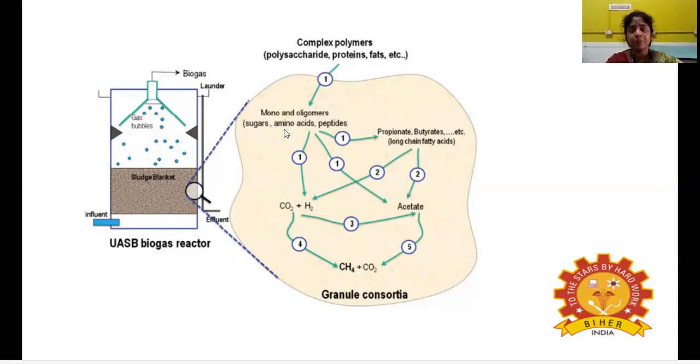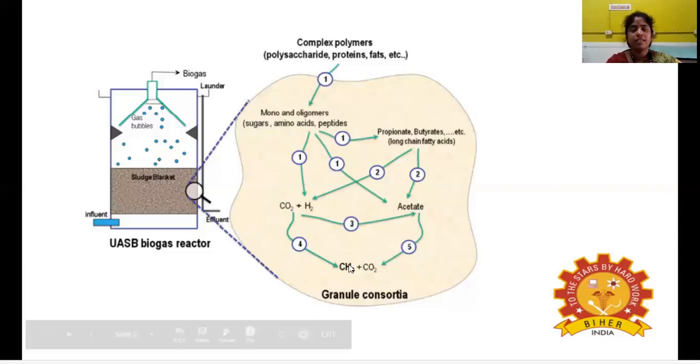In the first step, whatever source we give is utilized by the organism, either M1 or M2. These two sources can be utilized by the microorganism, carbon as well as sugar, and amino acid as a nitrogen source, to produce CO2 and H2. Then it is converted into acetate.